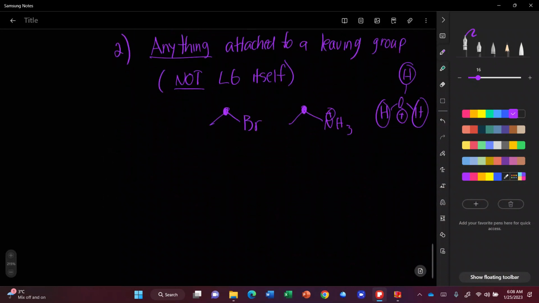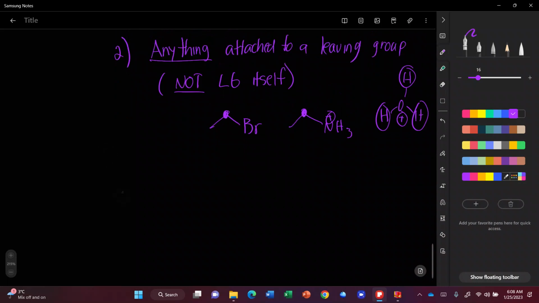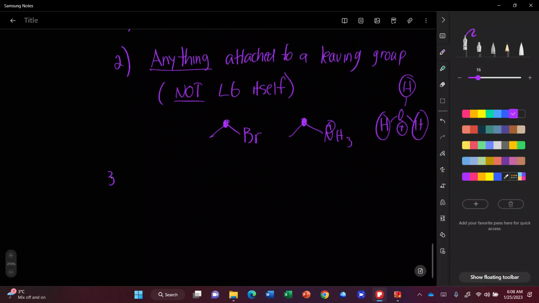So an electrophile is either a carbocation, the thing connected to a leaving group, or a carbon-oxygen or carbon-nitrogen pi bond. Just like we said that carbon-carbon pi bonds were nucleophilic, it turns out carbon-oxygen or carbon-nitrogen pi bonds are actually electrophilic.